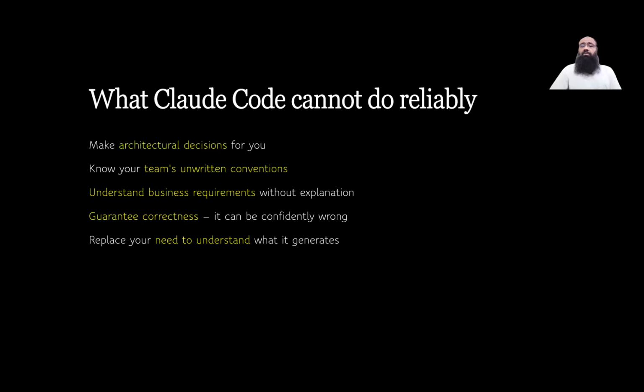Then it comes to replacing your need to understand what it generates. Again, we need to understand what it generates. This is the main thing. We need to keep understanding what it's generating. Then comes debugging problems. It can debug code very effectively if we provide a proper context.